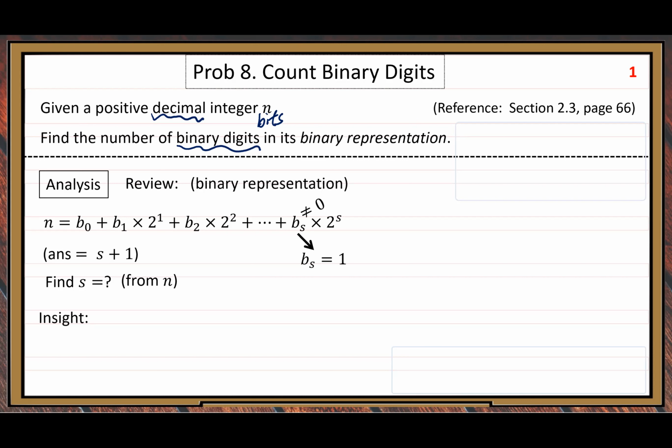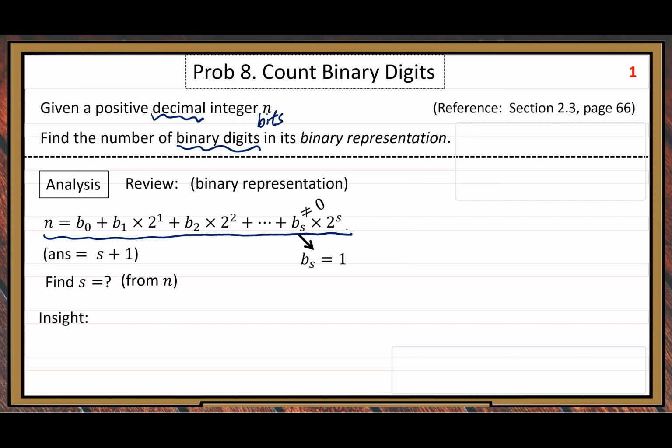Here, how do we complete that important step for this question? I would like to give you some insight into how to get that step. The insight here is that from this standard formula, the standard binary representation form, we do not feel we can see the answer easily.